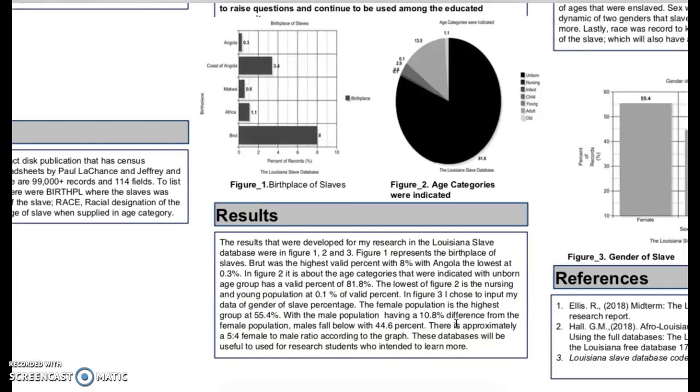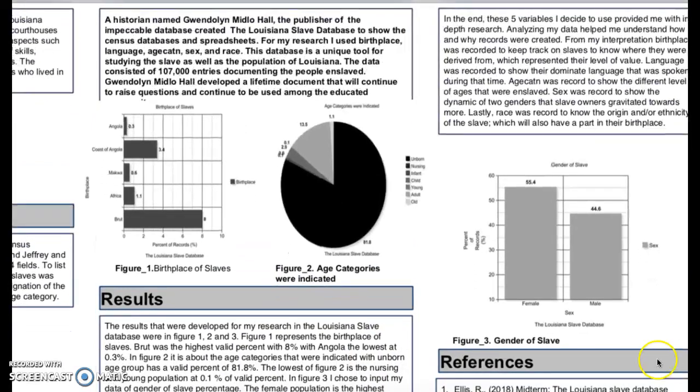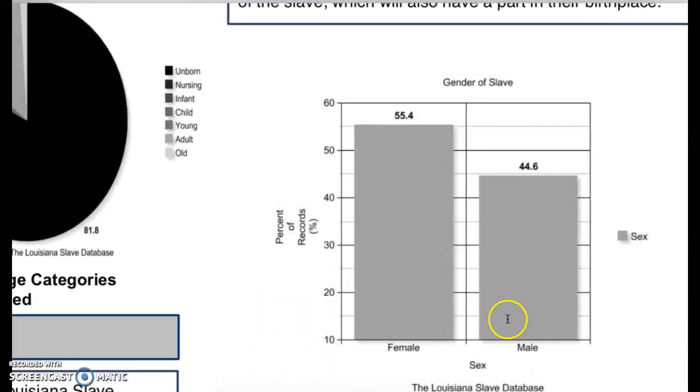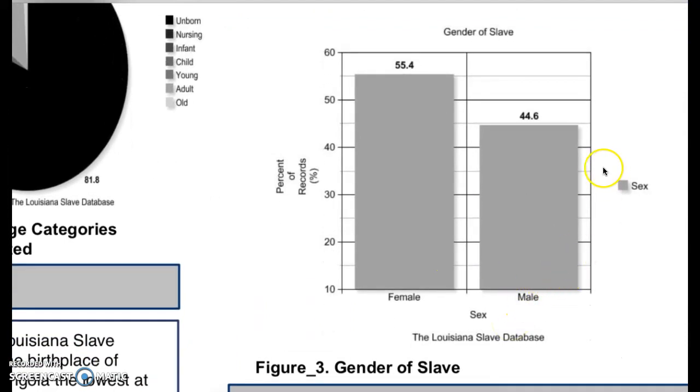There is approximately a 5.4 female to male ratio according to the graph. This database will be useful for research studies intended to learn more. So here's displaying the percent of records for the genders of slaves. So here we have female and male.